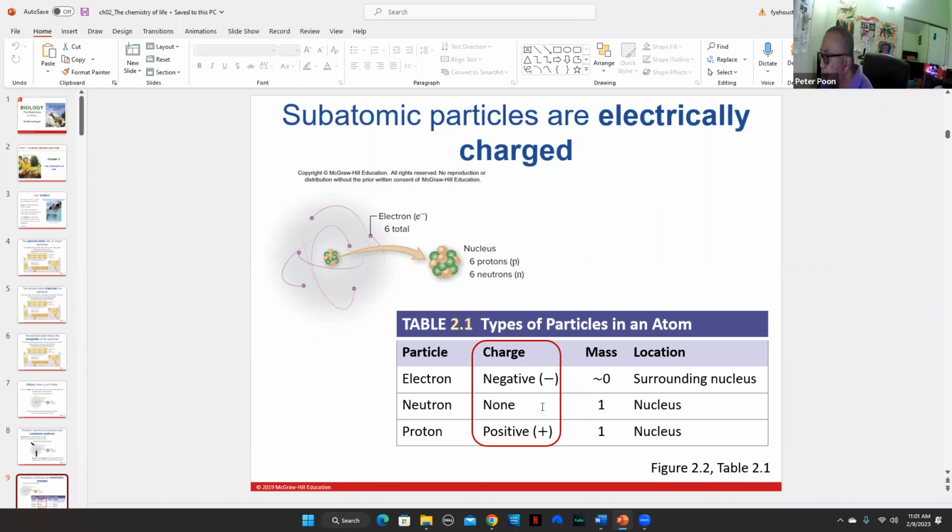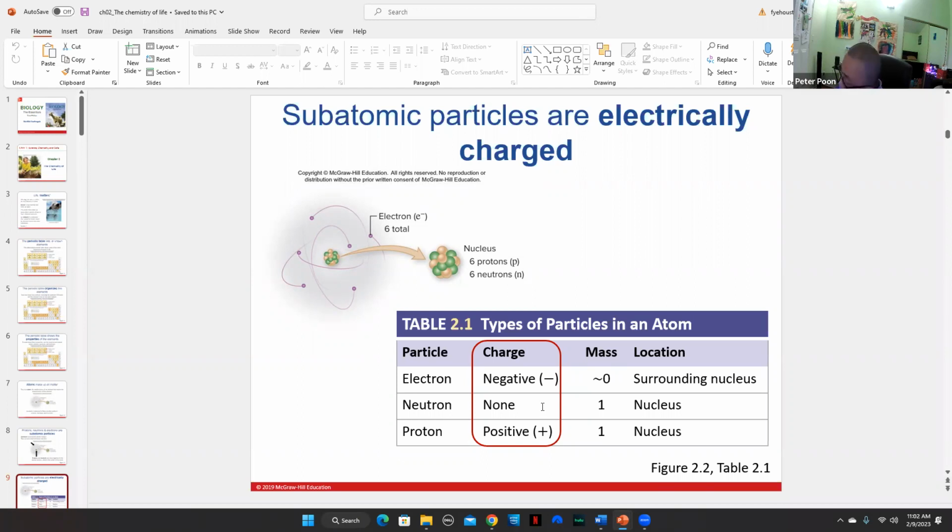So they took atoms and kind of weighed them and divided them in units. Protons and neutrons have a mass of one. Technically neutrons are slightly heavier than protons, but you don't need to know that. Electrons are about 1/2000th of a proton, so they're really, really small. So effectively, they have a mass of zero.